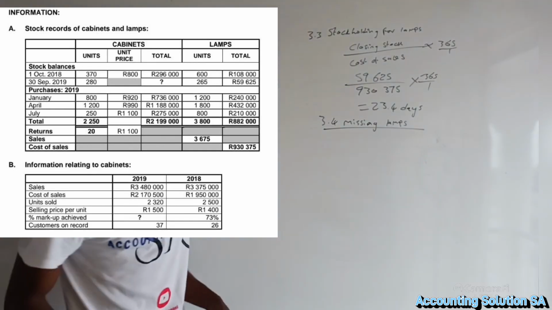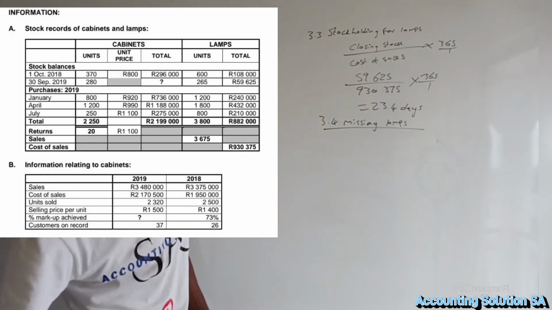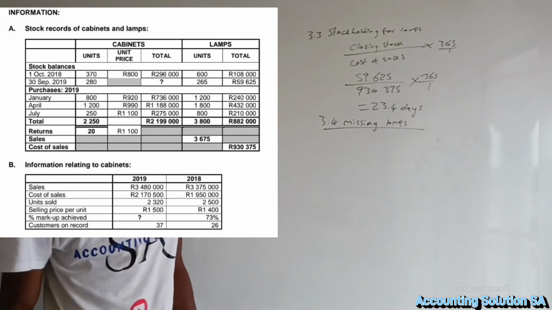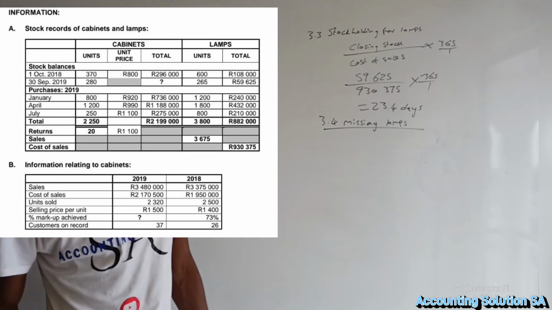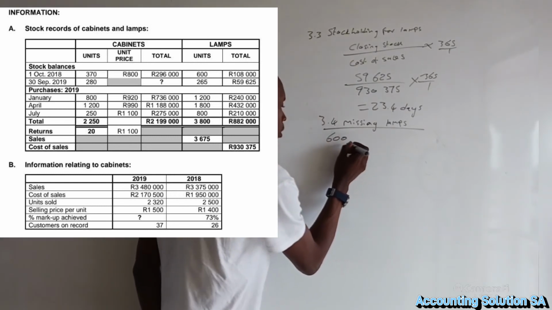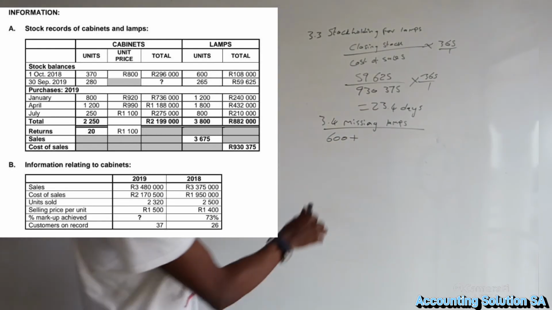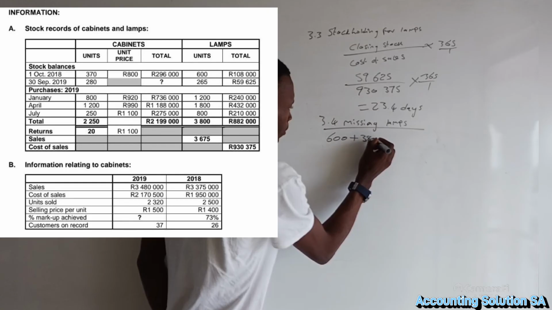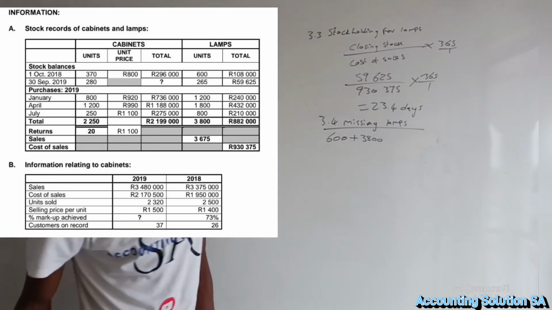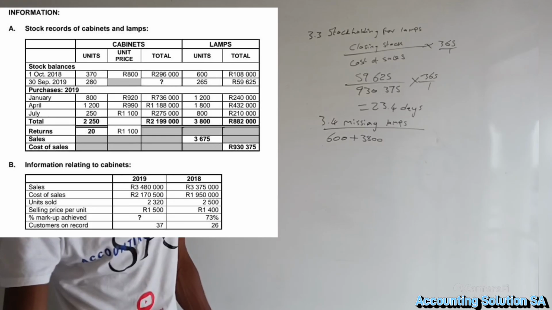How do we calculate the missing lamp? Very simple. If we go to our table, we will find that at the beginning of the year we have 600 units. Let's add the ones that we purchased, 3.8. And let's see if we returned any lamp. We didn't return any lamp.